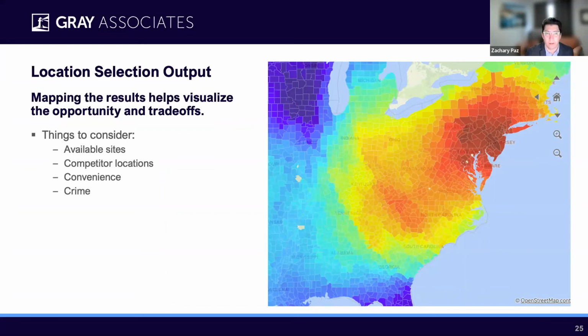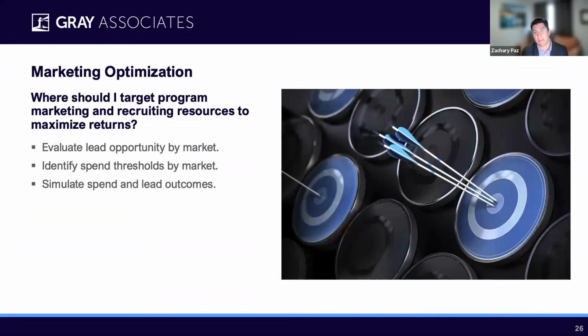Similar to the methodology for identifying optimal locations is, how do you focus your marketing geographically, and how can you optimize that? So you can use similar data in terms of demographics and student interest and competition by a geographic definition.